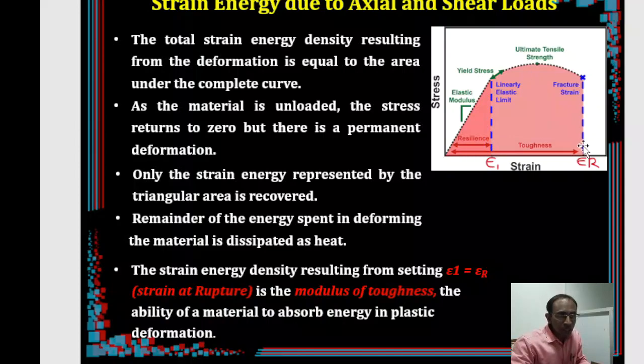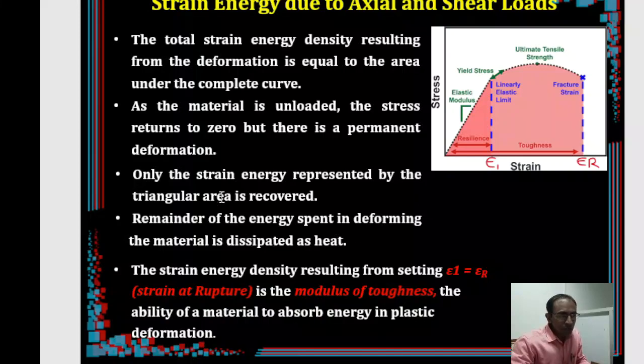the entire deformation does not bounce back to the original position; it will not happen. Only part of that energy will be recovered. As you are seeing here, this triangular portion of energy will be regained. The rest of the energy is left as permanent deformation.